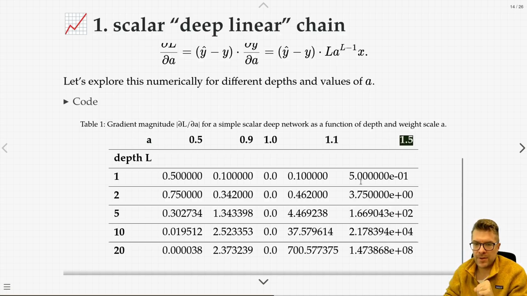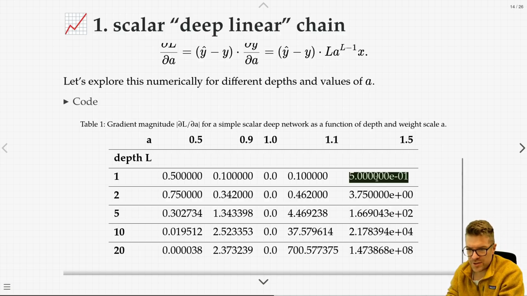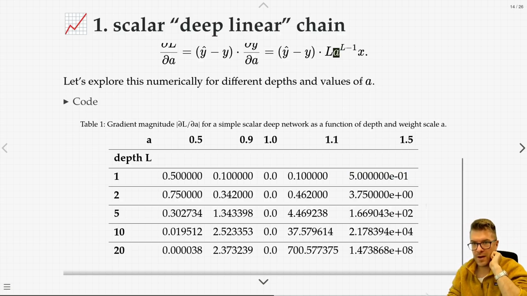When I have this situation and I have a gradient with depth L, which is 0.5 here, but my scalar is bigger than 1, again, I'll take this 1.5, multiply it by 1.5, multiply it by 1.5, L minus 1 times, then multiply the whole thing by L.